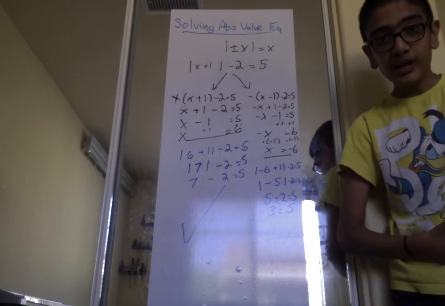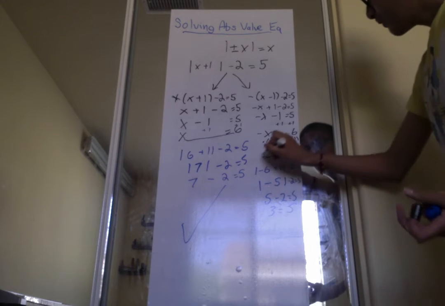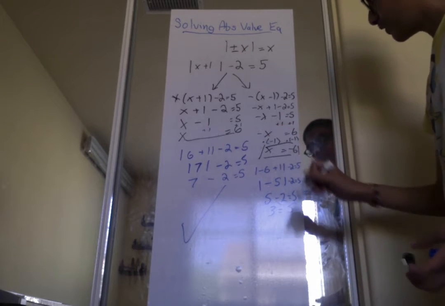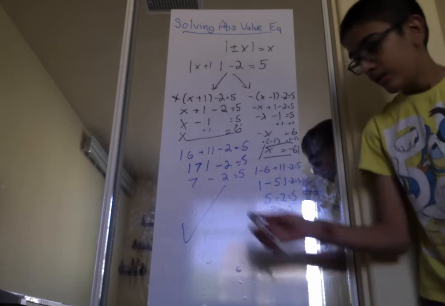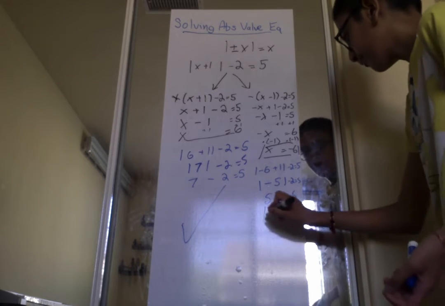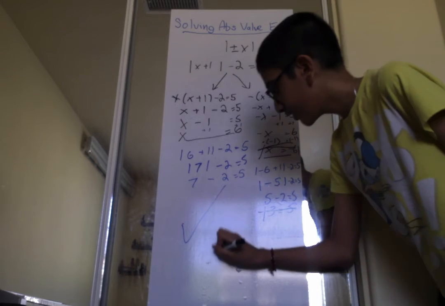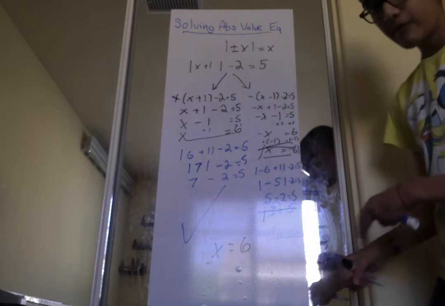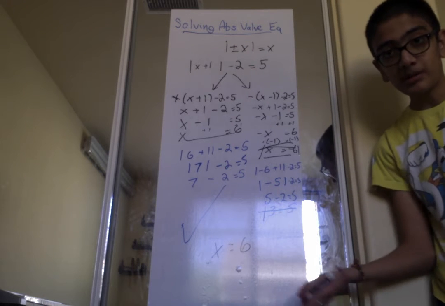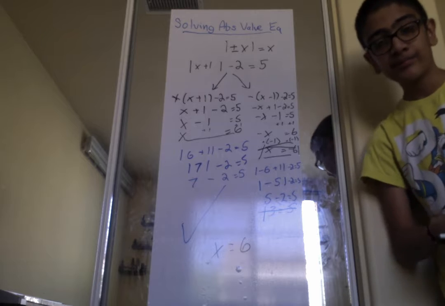So that means we got an extraneous solution. What that means is that this answer is incorrect. Because of that little inaccuracy I told you about, this one ends up being inaccurate. And that means our only solution is x equals 6. Whenever we get contradictions like this when we substitute, it's called an extraneous solution, because it's actually not there.